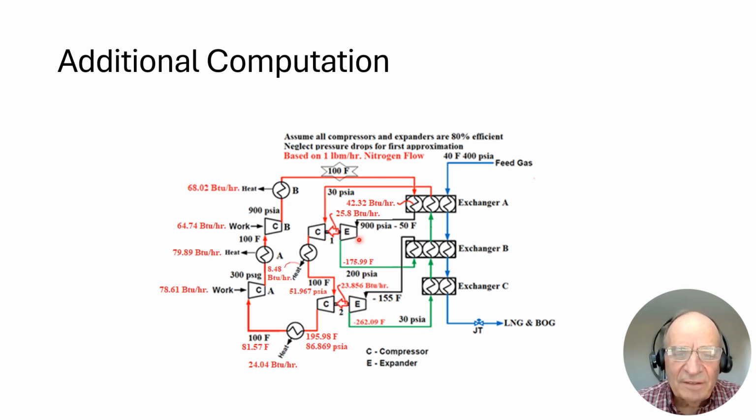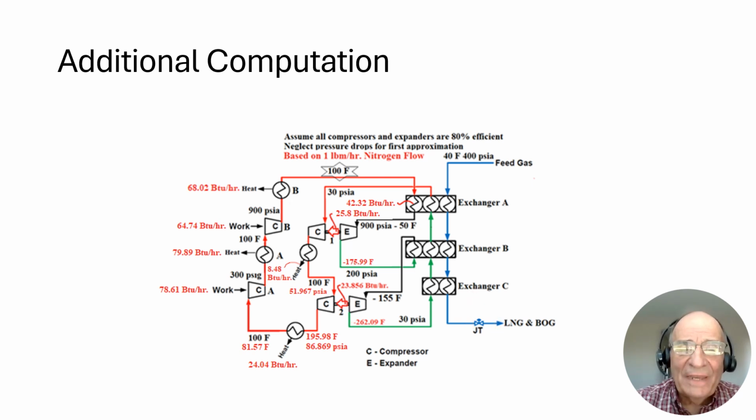This one here is approximately minus 176, and this one here is down to minus 262 degrees Fahrenheit, which, what we saw before with that minus 262, is cold enough to get a feed gas that would turn into 100% liquid before and after the JT valve.